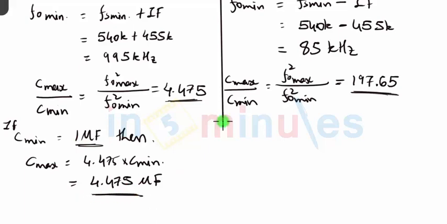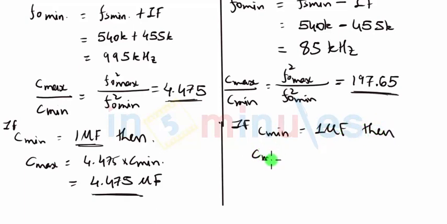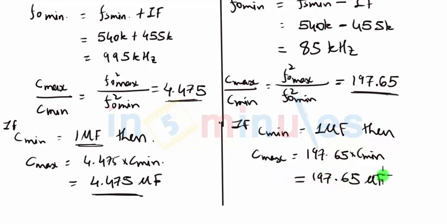So the variable capacitor needs to change its value over the small range of 1 microfarad to 4.475 microfarad. Whereas on the other side, if I take Cmin equal to 1 microfarad, then Cmax now will be 197.65 times Cmin, as you can see from the ratio, and therefore Cmax in this case will come out to be 197.65 microfarad.